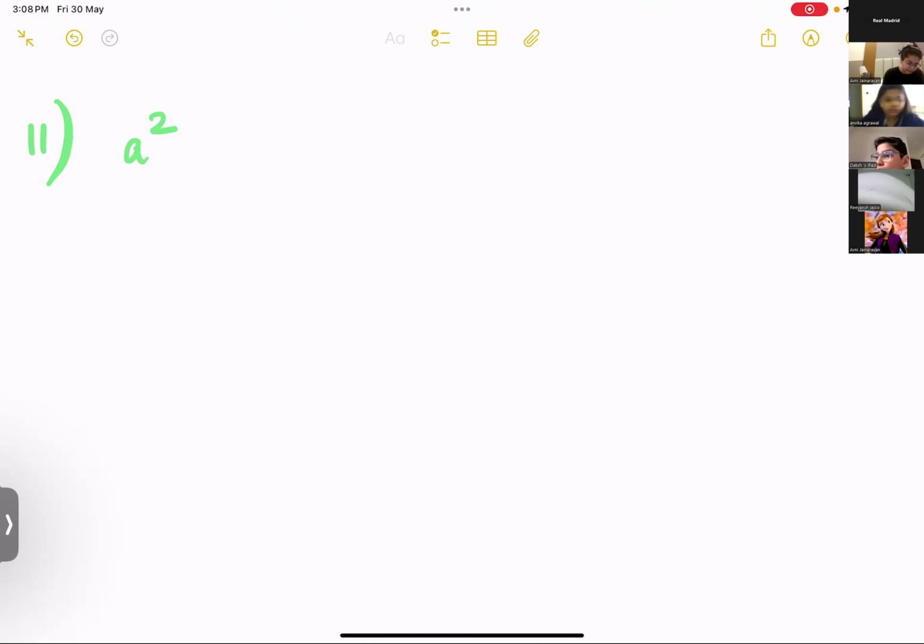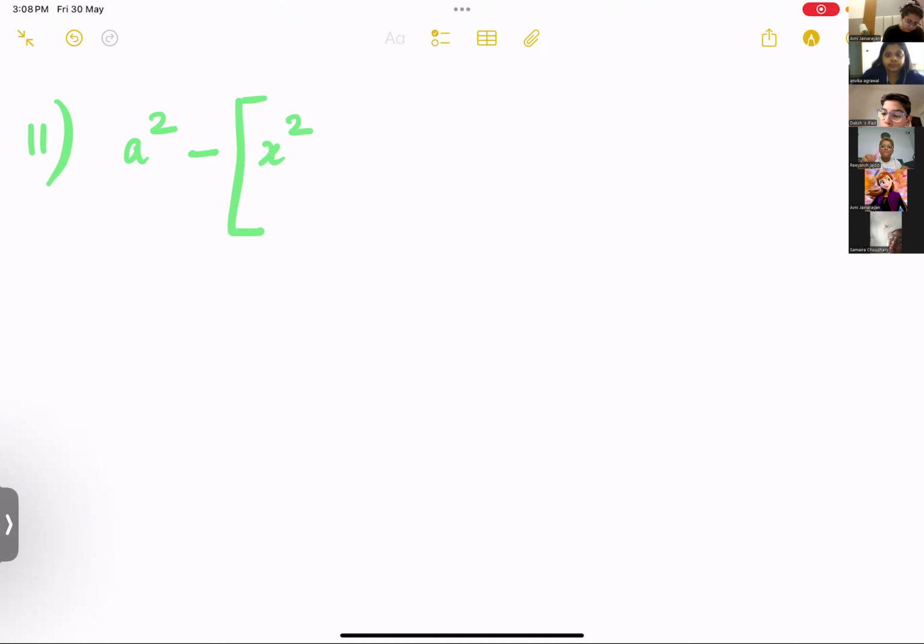A square minus, this is known as a square bracket, x square minus, then a curly bracket. We have another x square minus, Mom, I can't see anything. Can others see the screen? Yes or no, everybody? Yes. Okay.